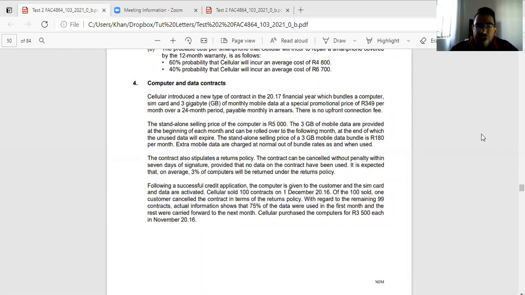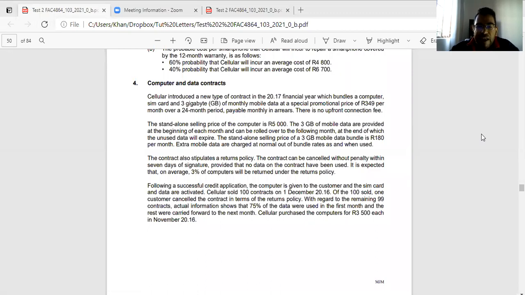It's a little bit strange. They talk about 1 December 2016, but they said they only introduced this in 2017, so it doesn't make sense. But anyway, Cellular sold 100 contracts on 1 December 2016. Of the 100 sold, one customer cancelled the contract in terms of the returns policy.